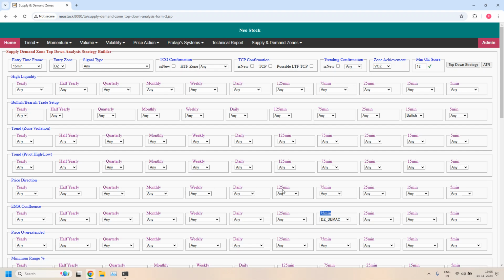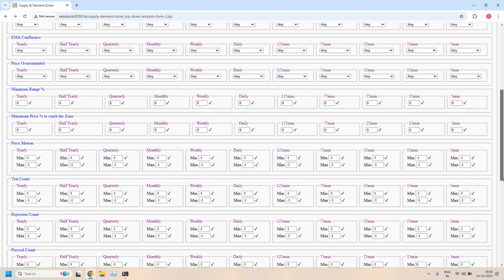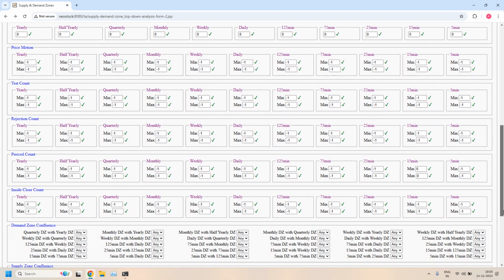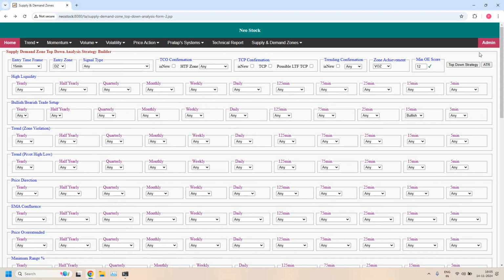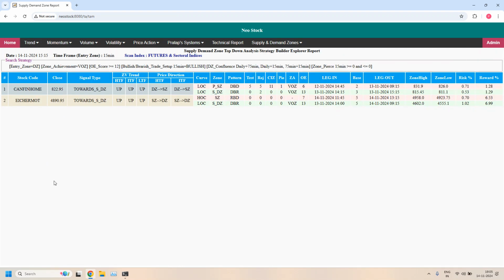Next, let us look for LTF, ITF, HTF confluence. I have to remove the EMA filter, removed it. So in LTF, ITF, HTF demand zone confluence, 3 filters we need to set. First one is already enabled, that is 15 minutes with 75 confluence. Next, 15 minutes demand zone with daily demand zone confluence filter is enabled. And next, 75 minutes demand zone with daily demand zone confluence filter also enabled. With all the 3 filters, we got again both the stocks.